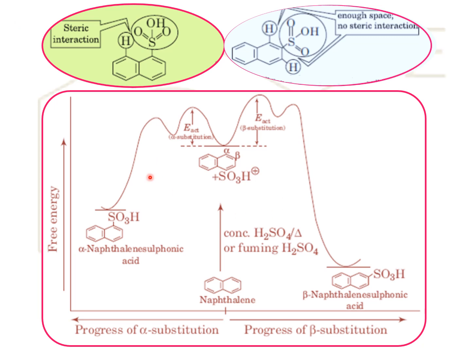When coming to the energy profile diagram, we can observe that at higher temperature, the major product is 2-naphthalene sulfonic acid.